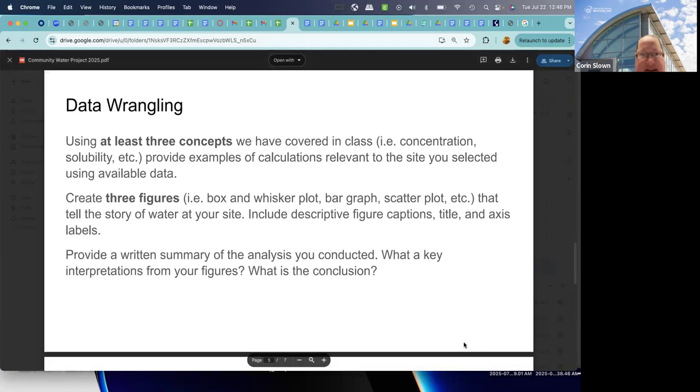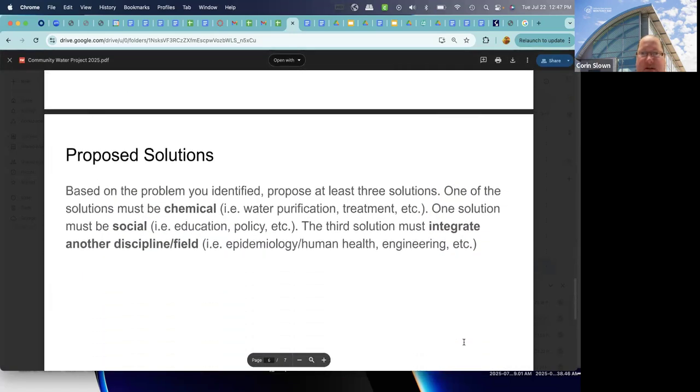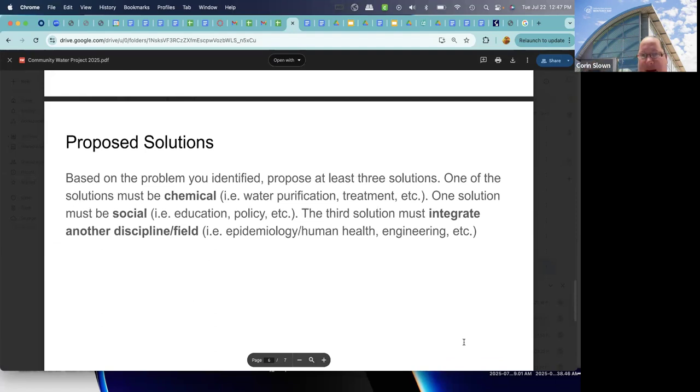And then last but not least, your proposed solution. So remember, your 3 solutions, one of them has to be chemical, one of them can be social, and then one of them has to integrate another discipline or field. If you want to call those out explicitly, that's totally fine by me. So water purification is a great example of chemical treatment.